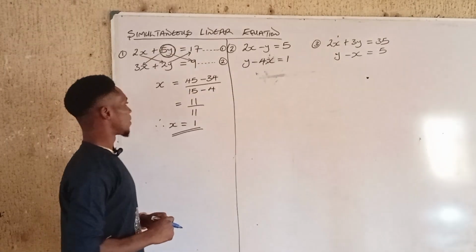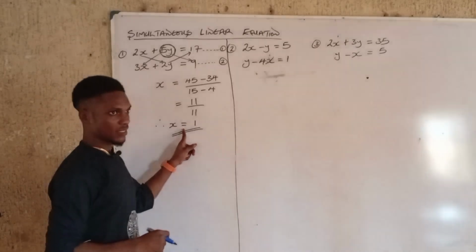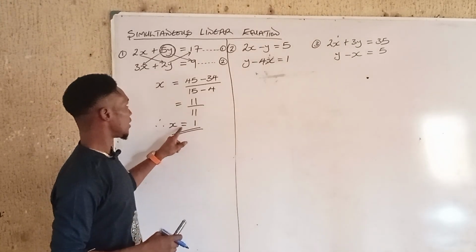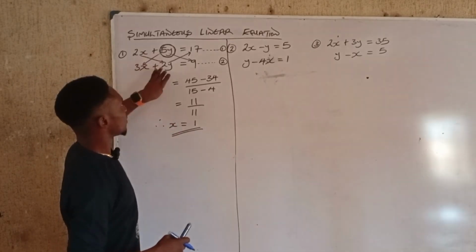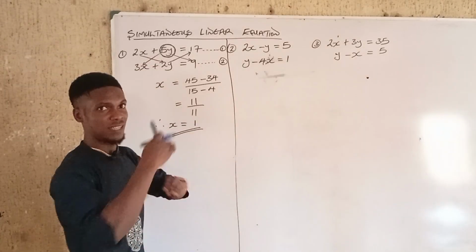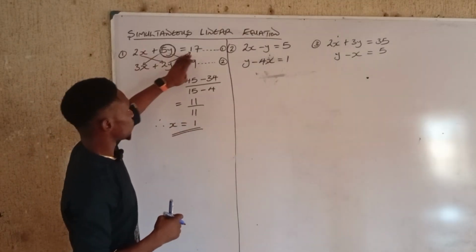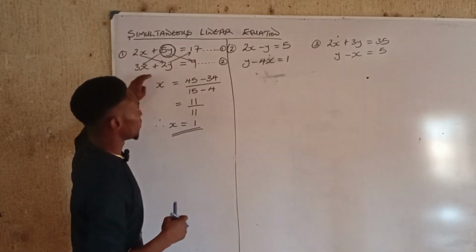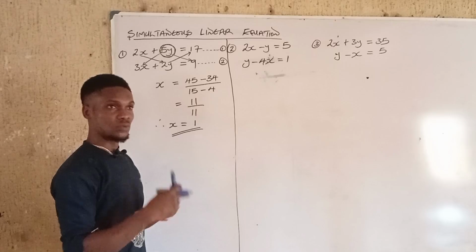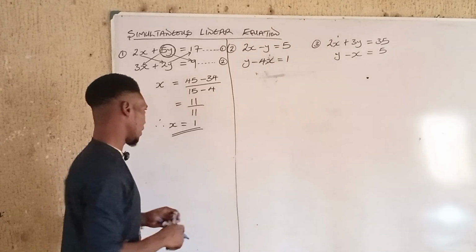Now, since you have gotten your x, what you now need to do is take this x and substitute it. Substitute means replace it. Replace x as 1 in any of these equations, either equation 1 or equation 2, anywhere you wish, and you are going to arrive at the same answer.